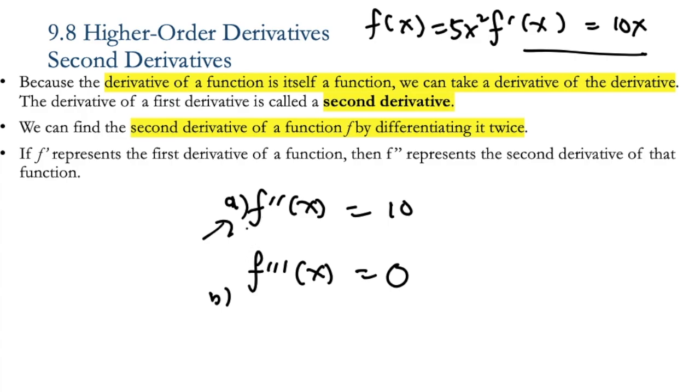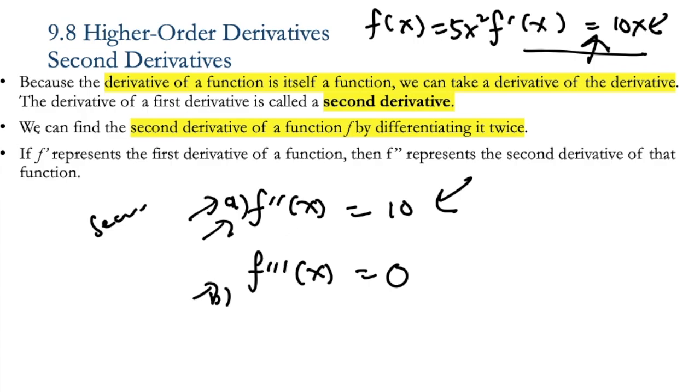What's the use of having higher order derivatives? Of course, it has some meaning. For this one, it shows you the shape of the slope. For this one, it shows you the slope. Let's say you get 10x. This one is actually the second derivative. This one is actually the first derivative. This one is the third derivative.